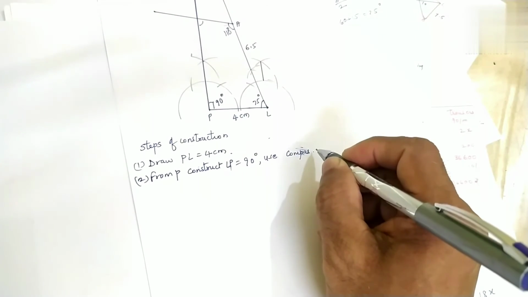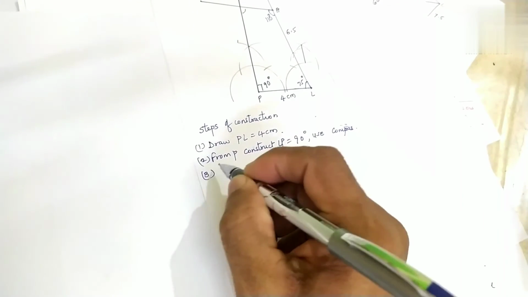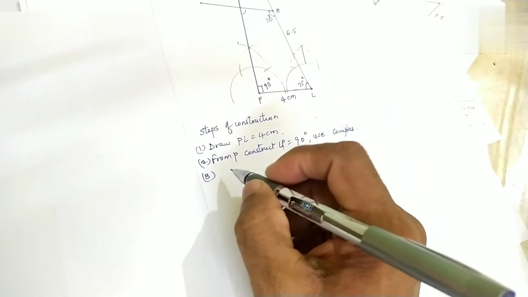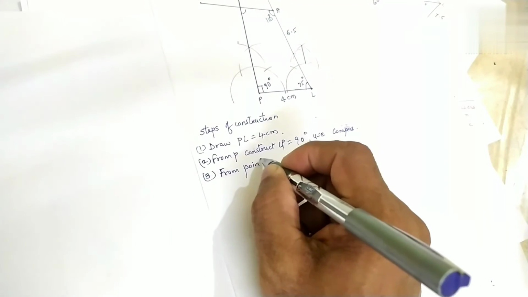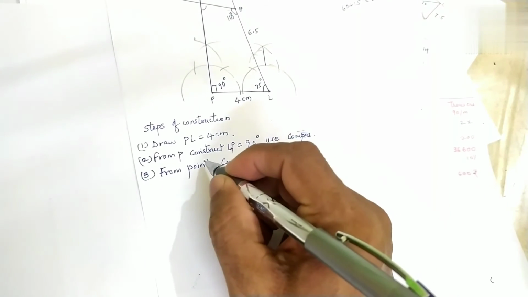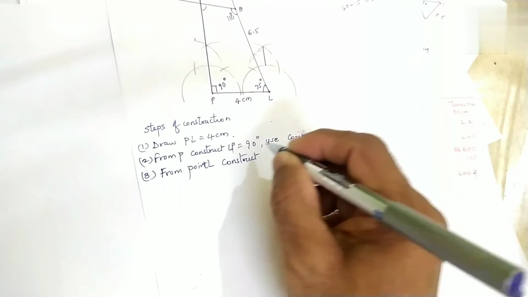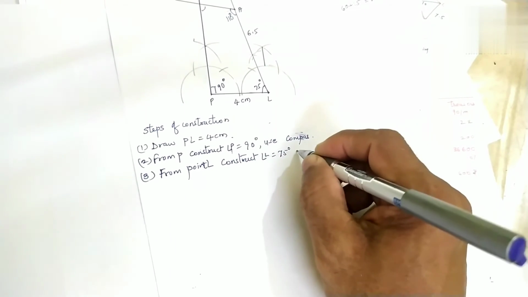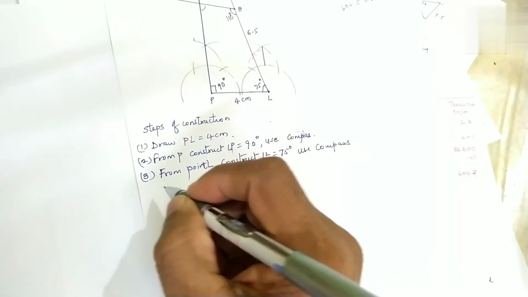Use the compass. Third one, mark and join it. Then from point L construct angle L equals 75 degrees. Use compass, mark and join it.